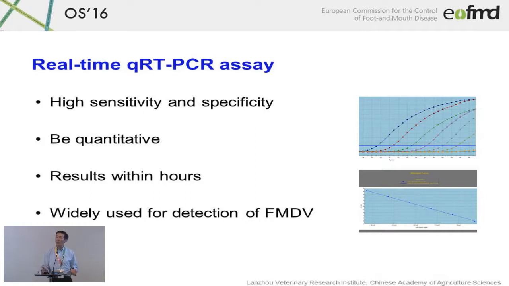If you cannot isolate the virus, you go for real-time PCR to detect the virus genome, which can give you some indication of whether the sample contains the virus or not. Its sensitivity is very high, and it is also very specific for FMD detection.